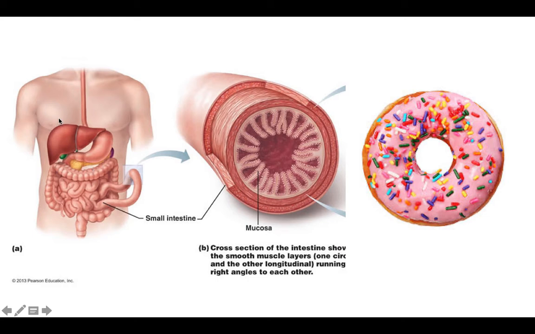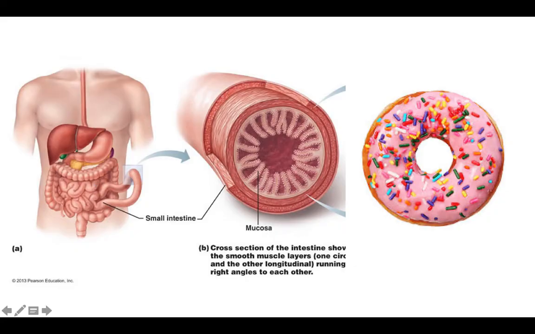Then we'll also talk about the liver. Here you can see the gallbladder in green. We'll also talk about the pancreas, which is this little yellow organ here underneath the stomach. Those are some of the main accessory organs that we'll discuss. They're not part of the GI tract. They just produce secretions and dump them into the GI tract, if that makes sense.